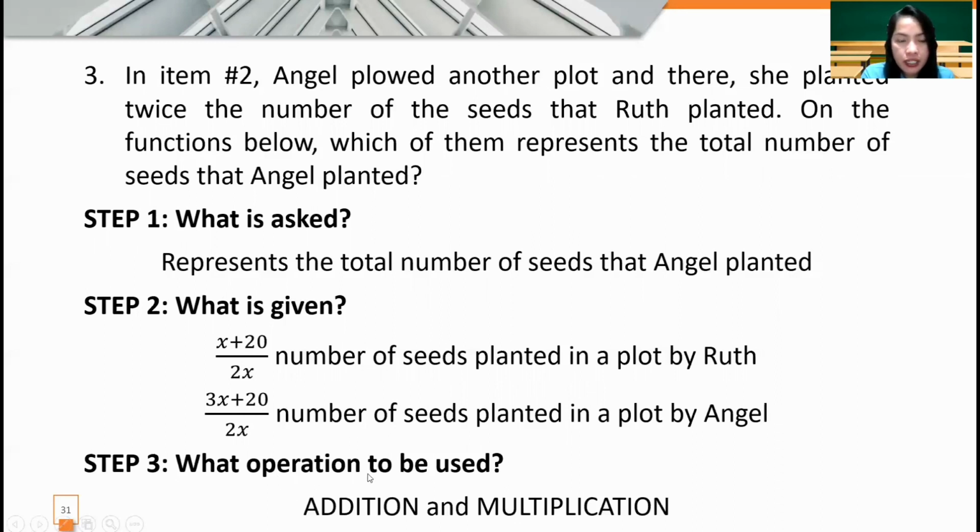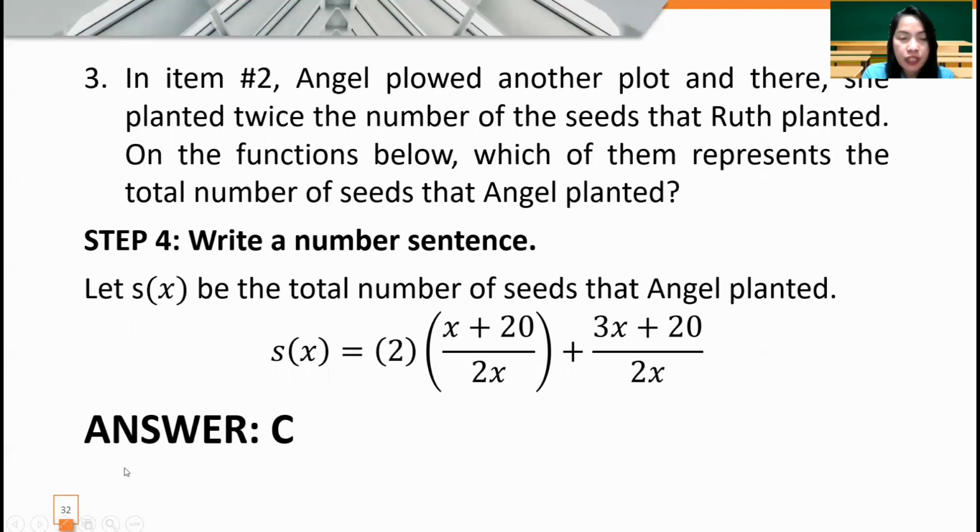And take note here in step 3, we can use addition and multiplication. Why is that? In step 4, write a number sentence. S of x, the total number of seeds that Angel planted. From the given problem, Angel planted twice the number of the seeds that Ruth planted.